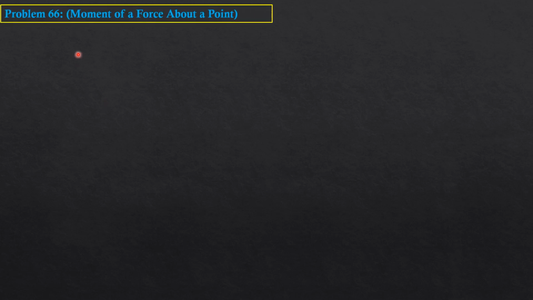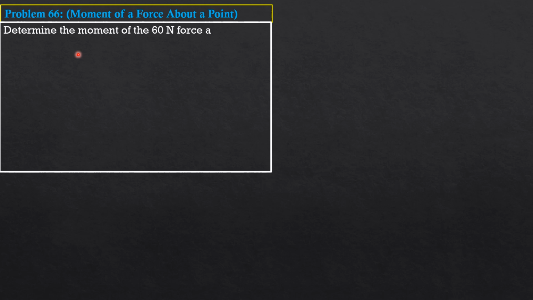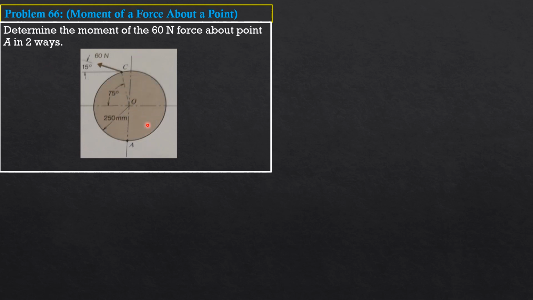So let's proceed to problem 66. Determine the moment of the 60 Newton force about point A in 2 ways. So just 2 ways. This is the figure. So for the solution, first way, let's resolve the force into 2 components, 60 cosine 15 leftward and 60 sine 15 upward.